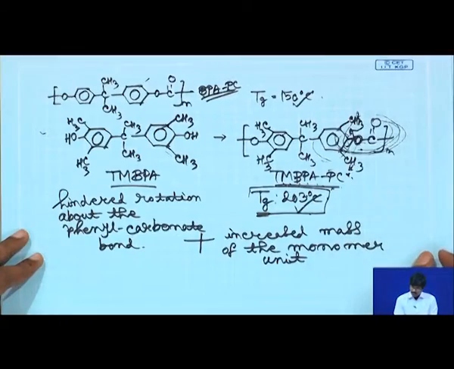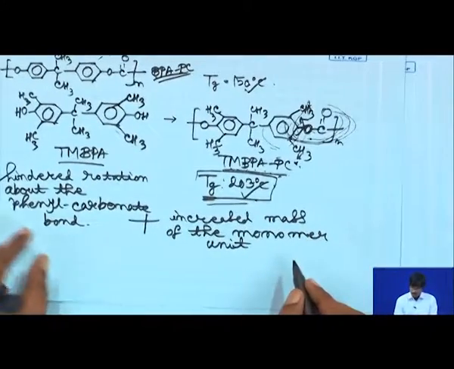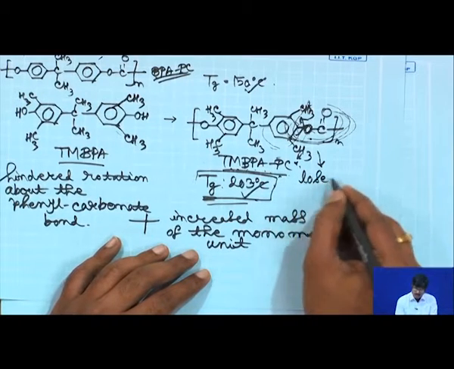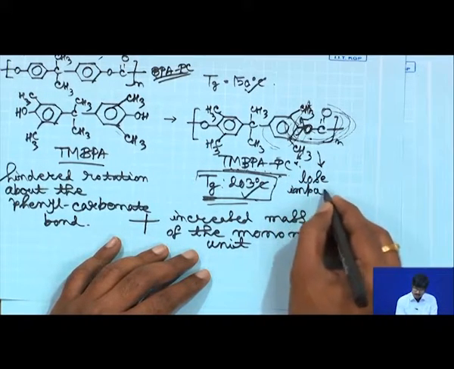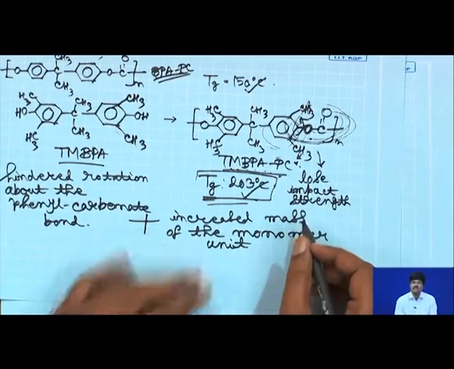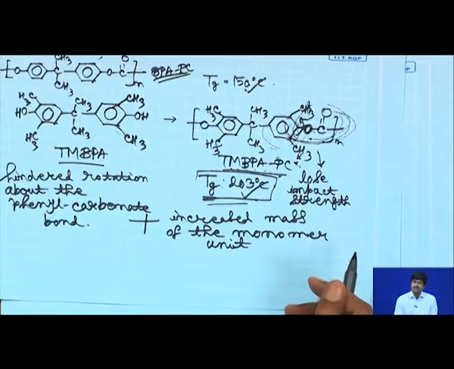What is the disadvantage? Higher production cost. More importantly, even though you have increased the glass transition temperature, this material will lose its impact strength. We talked about a trio of important properties: 1, high thermal stability; 2, high impact strength; and 3, high transparency. In the quest of increasing the thermal stability of the material, what you have done here is you have compromised the impact strength.